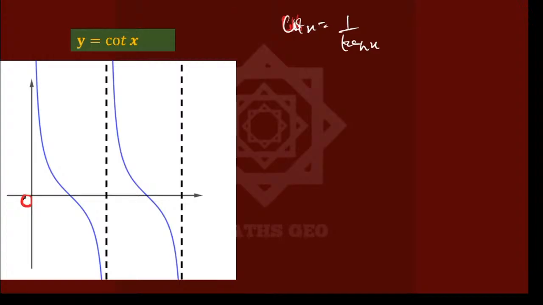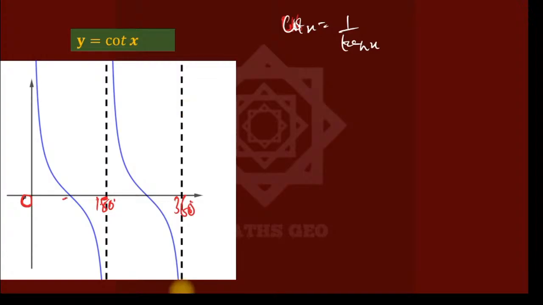We again see at 180 there will be a vertical asymptote. So since tan 0 is 0, 1 over it will be a vertical asymptote at this basis. Why the other way around?